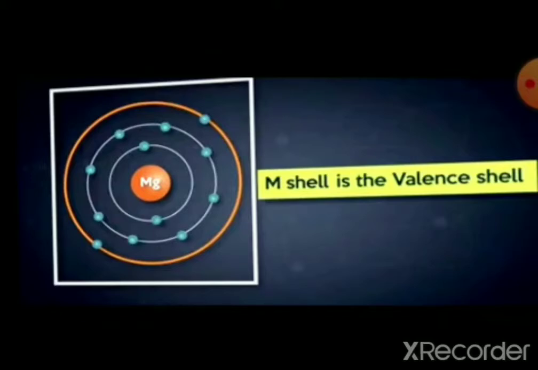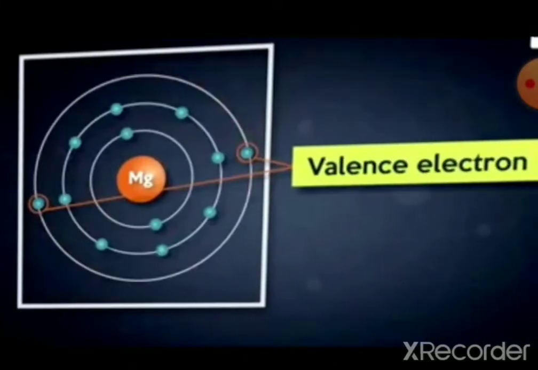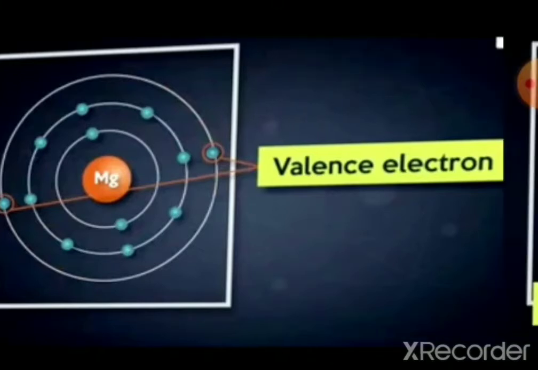You know 4 shells are there, that is K, L, M, N. In magnesium, in the K shell 2 electrons are there, in the L shell 8 electrons are there, and in the M shell 2 electrons are there. So what is the valence shell? The outermost shell is known as the valence shell, and the electrons present in the outermost shell are called valence electrons.